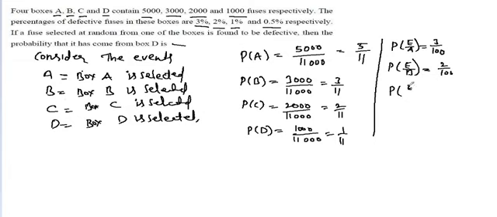The probability of E by C is equal to 1 by 100. And the probability of E by D is equal to 0.5 by 100, that is equal to 5 by 10,000.